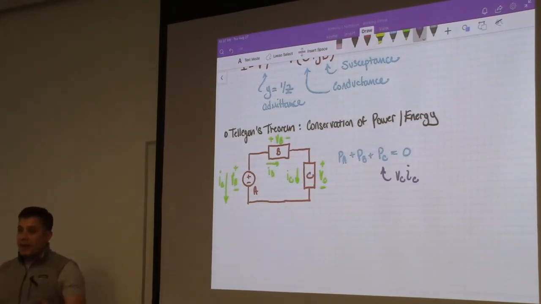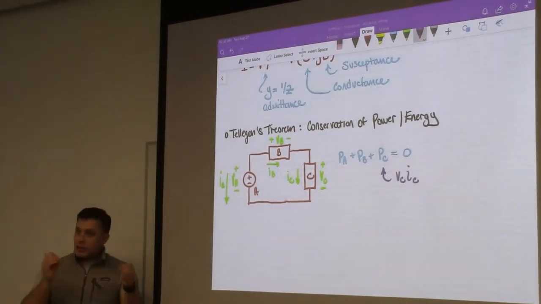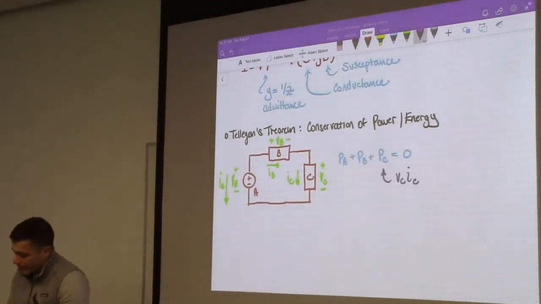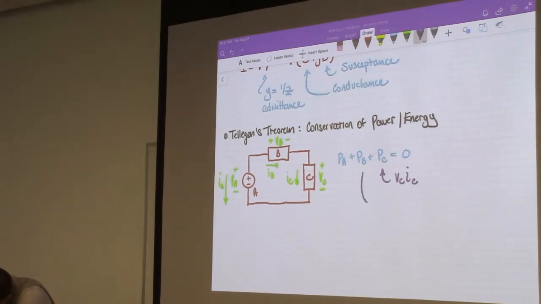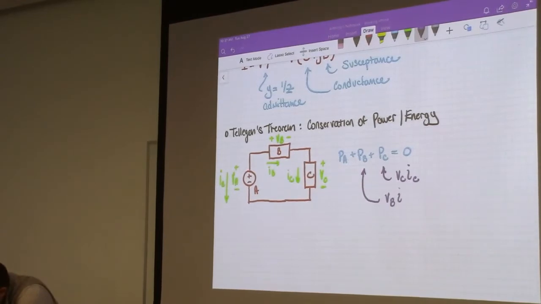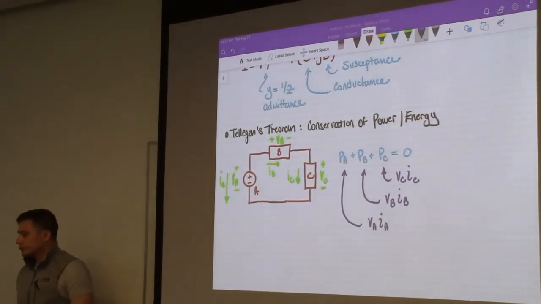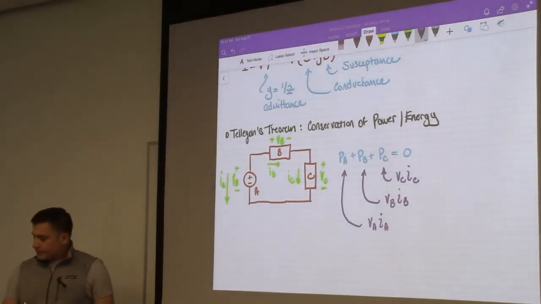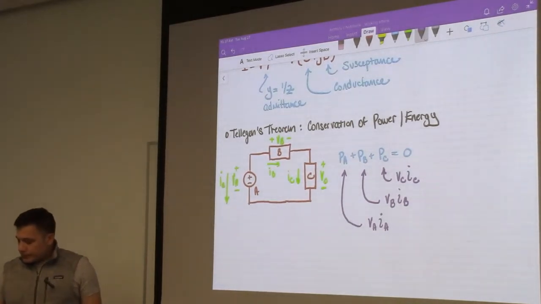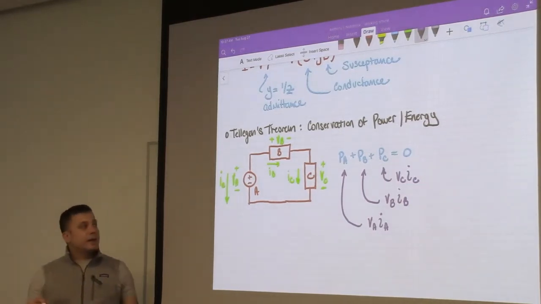Because if we obey that passive sign convention, it's just P equals V times I. PB will be VB times IB, and PA will be VA times IA. So that's Tellegen's theorem.